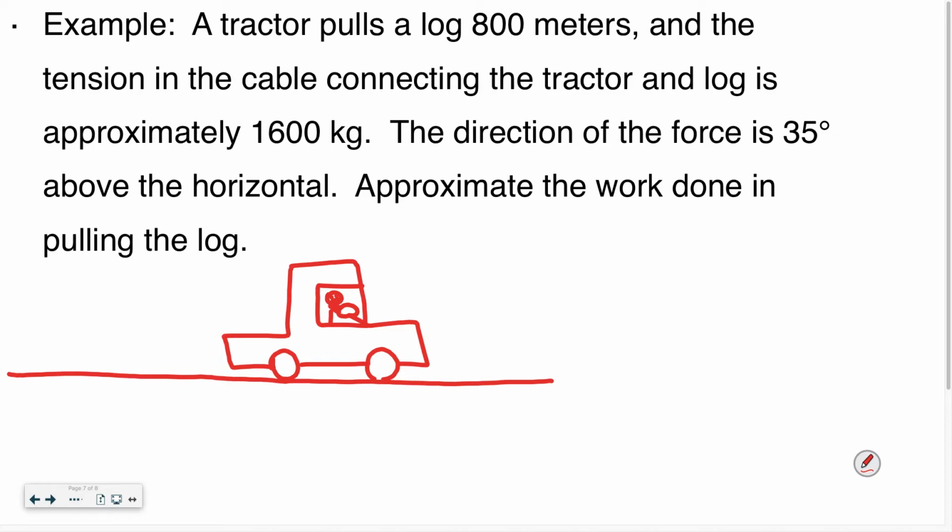Okay, so there's the ground. And he has a log that is connected to his tractor with a cable, and it's making a 35-degree angle. The amount of force being used to pull this log is being felt through this cable at 1,600 kilograms.